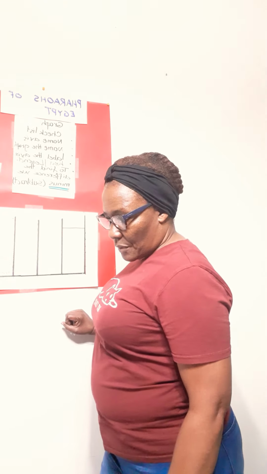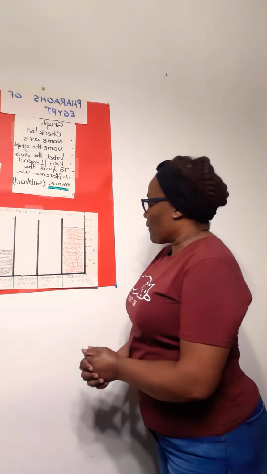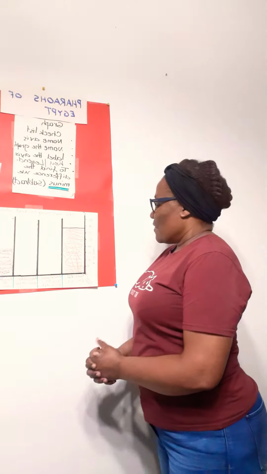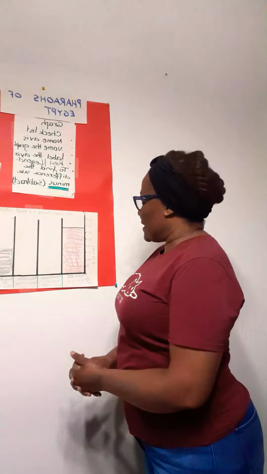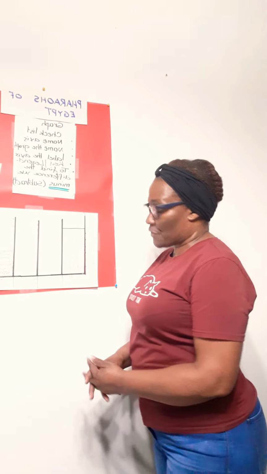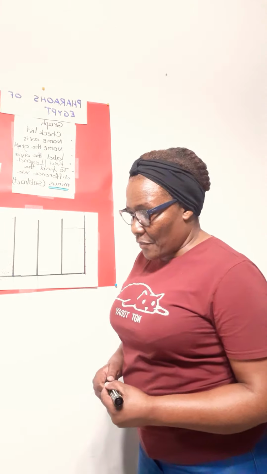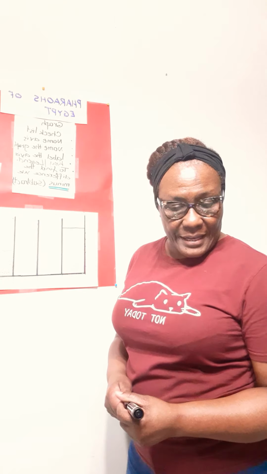Then we are going to go on to King Tut. And King Tut reigned from between 1332 to 1323. And he reigned for 9 years.